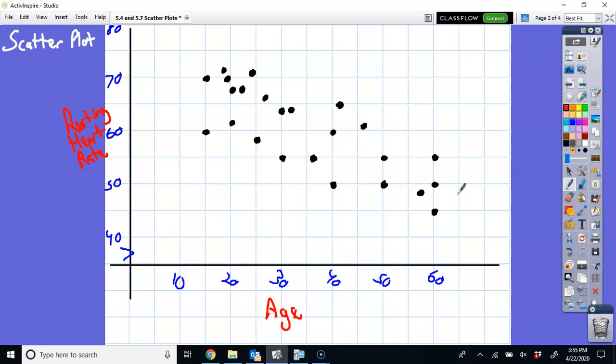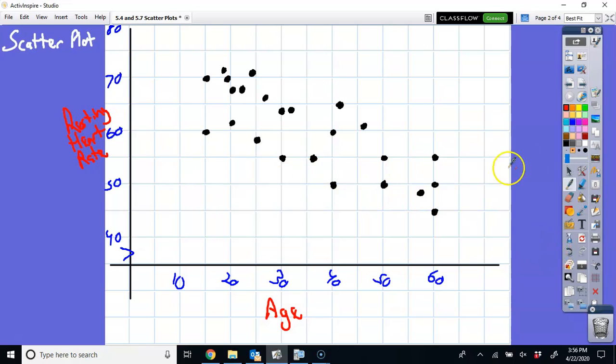Specifically in this case, a linear pattern. Notice the points have a slope to them. And that is how you know it's linear. It can be approximated by a line. It's not going to be perfect because obviously these are not packed together really tightly, but these points follow a linear shape or a linear pattern.